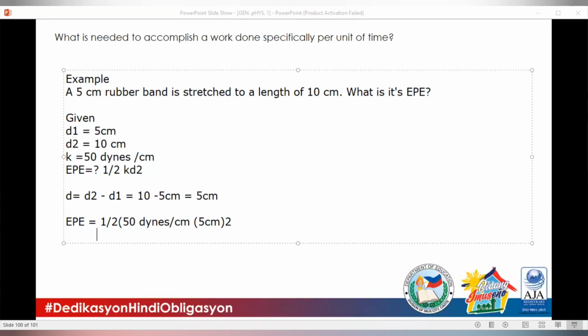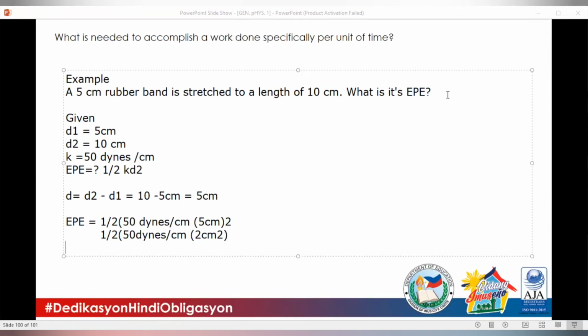Therefore, this is 1/2 times 50 dynes per cm or centimeters times 25 centimeters squared.